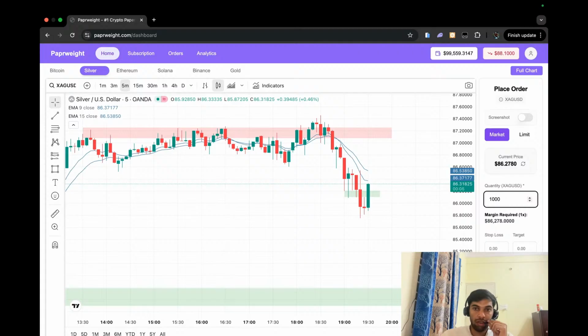Let's wait for the candle to close. Crazy closing candle. Bhai.